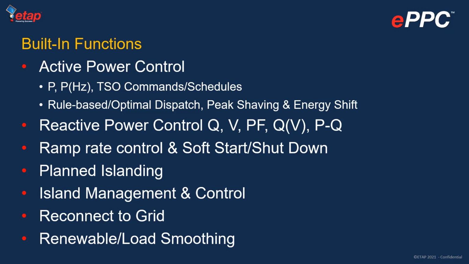Islanded management and control manages and controls plant assets in an islanded mode of operation. Reconnect to grid detects stable grid availability, initiates synchro checking at the point of interconnection, and monitors the status of reconnection.